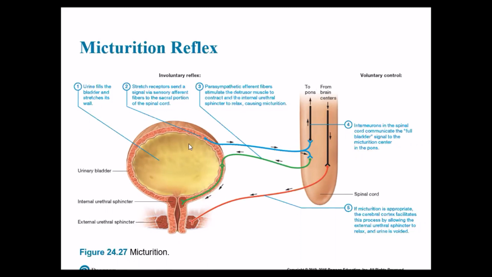Involuntarily, whenever the bladder fills up, it's trying to make you go urinate. But you're able to control that. You have to voluntarily send a signal from the brain through the spinal cord to release the pressure on this external sphincter to get it to relax, and that allows for the bladder to be voided and to urinate.